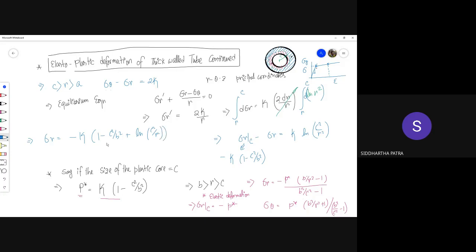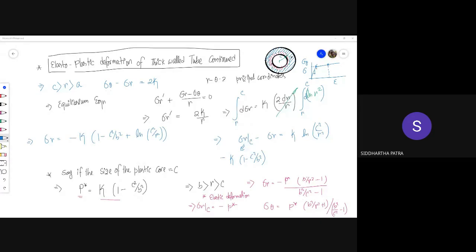Can you check if this expression is correct? Is this the correct expression? Yes, sir.